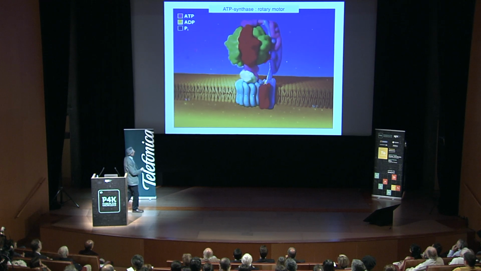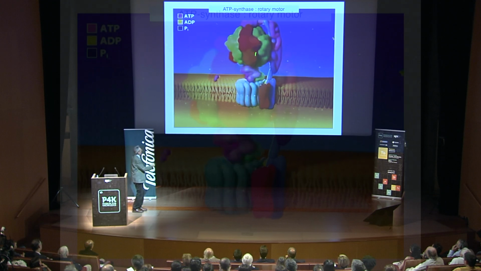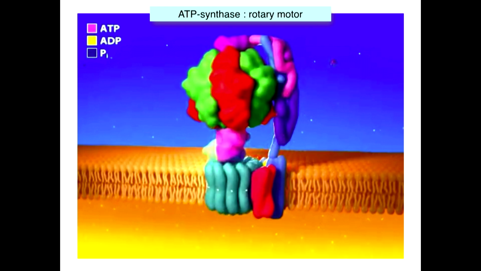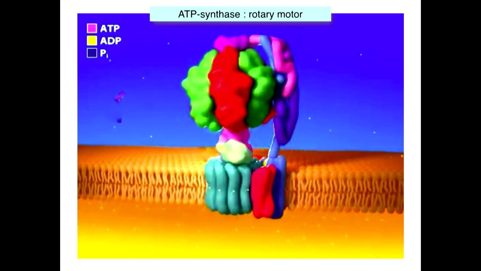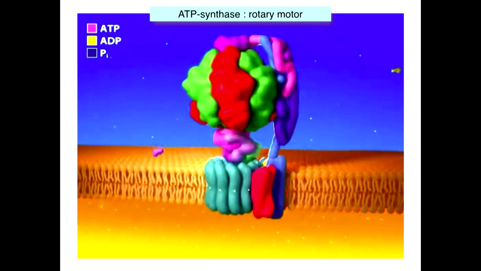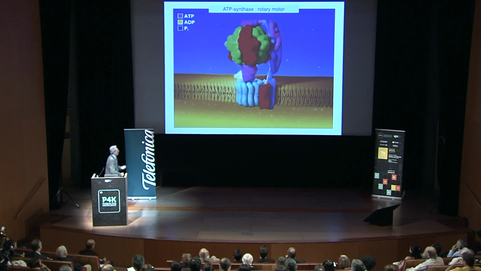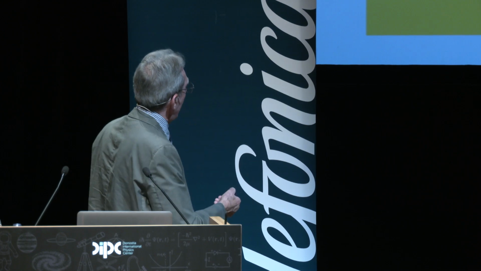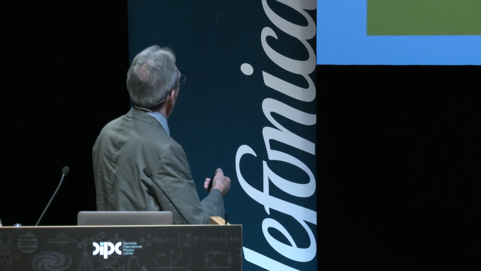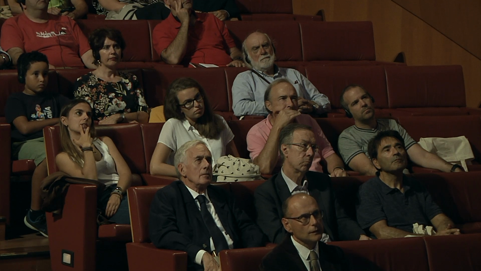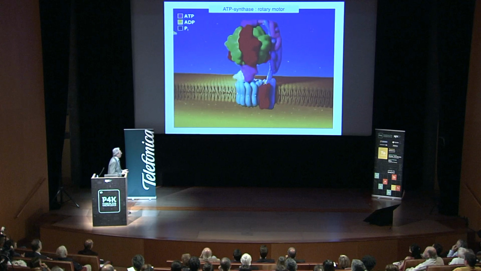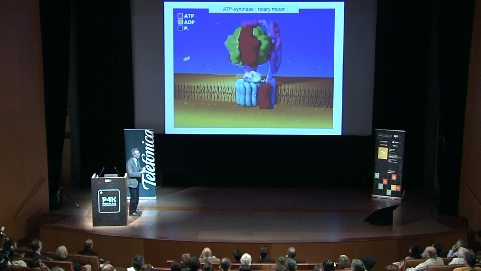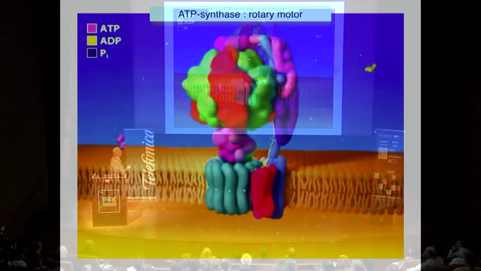And as it spins, there is some kind of shaft or axis, which is threaded inside the cavity of this cluster of proteins, which spins as well. And this is the spinning motion which is responsible for the making of ATP, which is a purple species, from ADP and inorganic phosphate, the two simpler molecules.